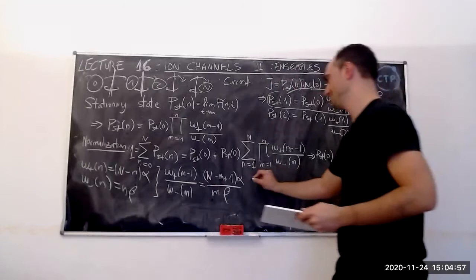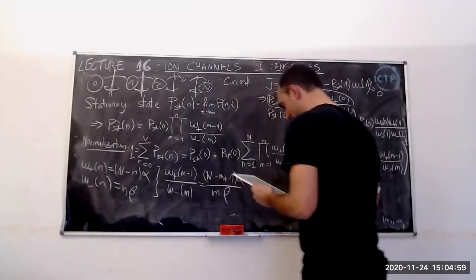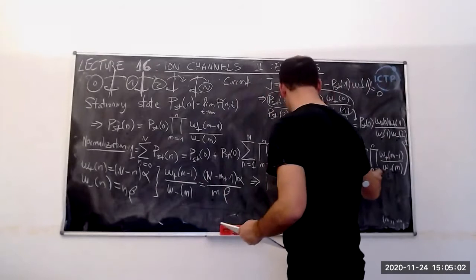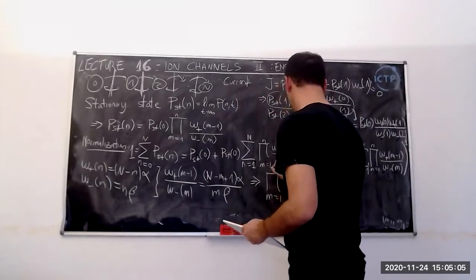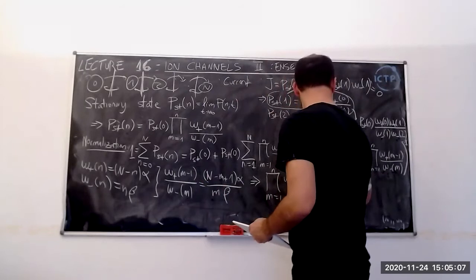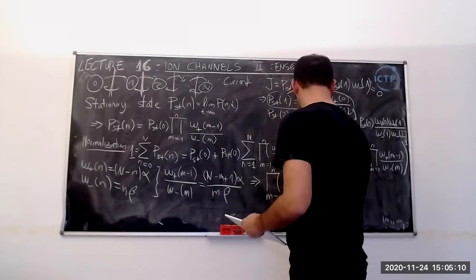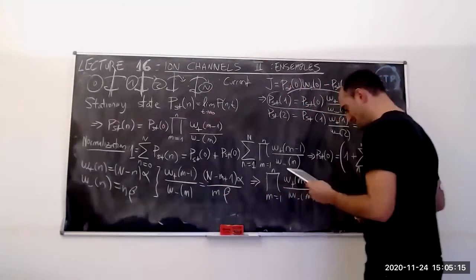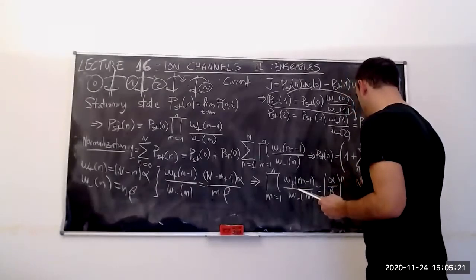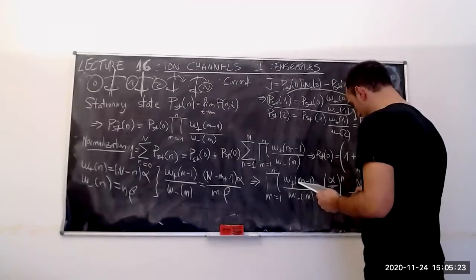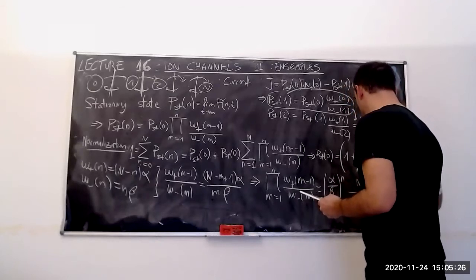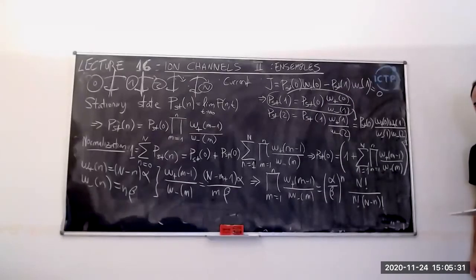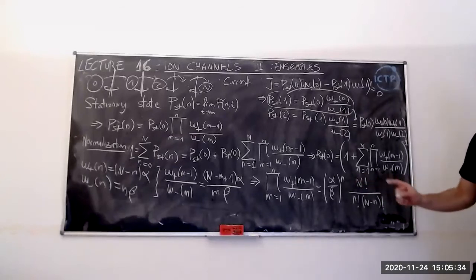So it turns out, you can check yourself, please check, that this product, omega plus (m minus 1) over omega minus m, is equal to N factorial over n factorial (N minus n) factorial, times alpha over beta to the power n. It is not so trivial to find this, but you can do it yourself.